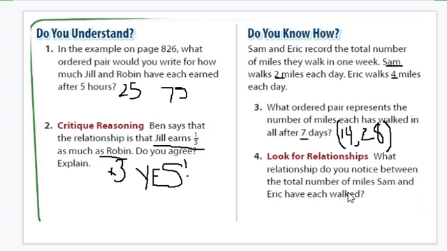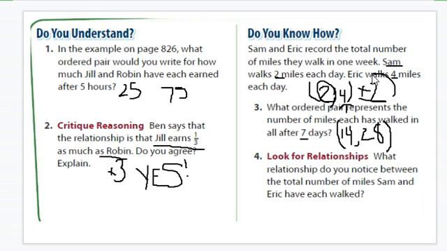What relationship do you notice between the total number of miles Sam and Eric have each walked? So our first data point was 2, 4, and another one is 14, 28. But I'm going to look at 2, 4 because those are the easiest numbers to see. So it looks like Eric always walks 2 times more than Sam does because 2 times 2 is 4.